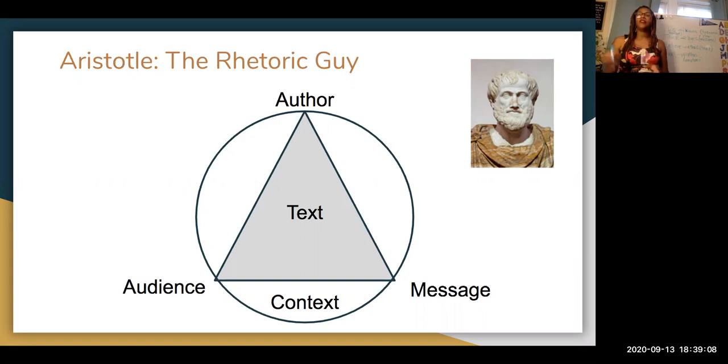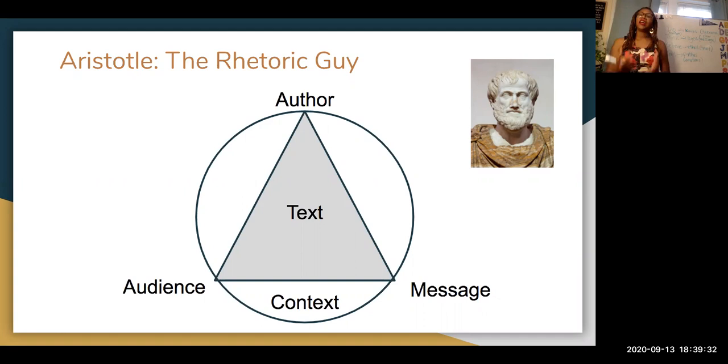And then we have context circling our triangle here. Context is everything, right? Context is background information about your author. It's background information about your audience. It is background information about the message. Like, what about this particular time? What's happening in the moment? Did something just happen and I need to know about that?